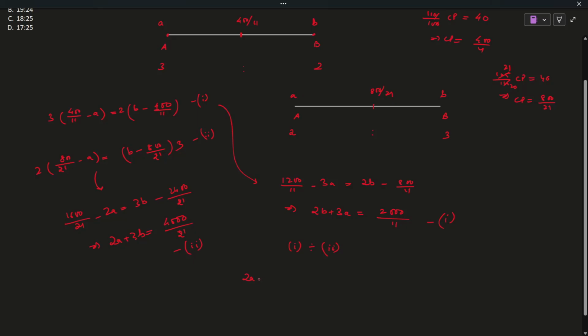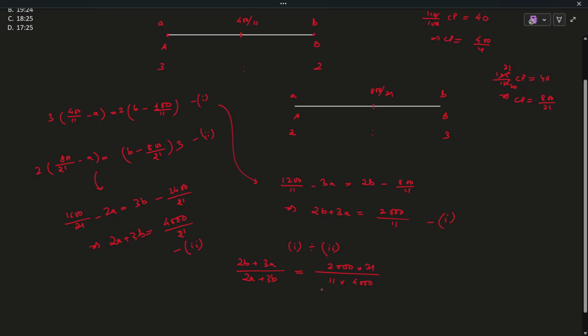I will get (2a plus 3b), which is the second equation, by (2b plus 3a), which is the first equation, equal to 2000 by 11 into 4000 by 21.